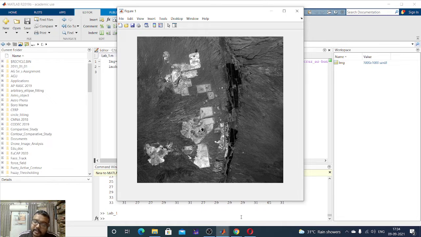So this is the image, right? Suppose I want to get the properties of this region, this portion. How to read this or get this information?